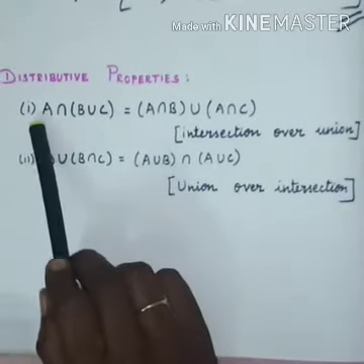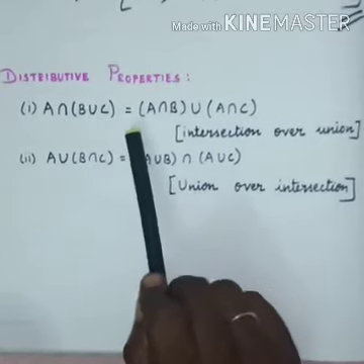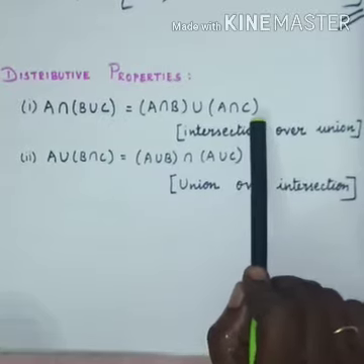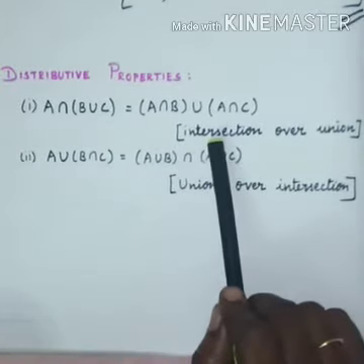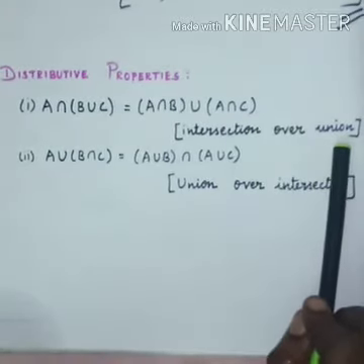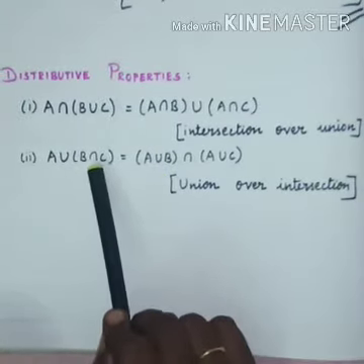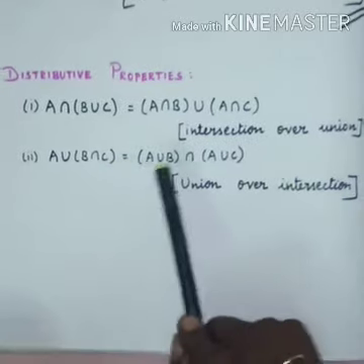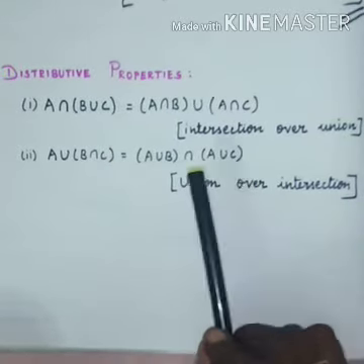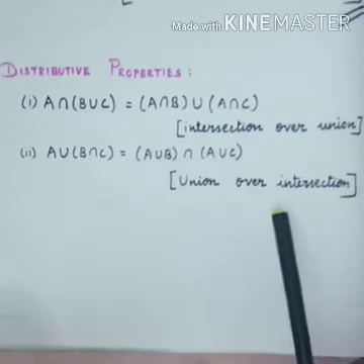So the first law is A intersection (B union C) is equal to (A intersection B) union (A intersection C). This property is called distributive property of intersection over union. And the second law is A union (B intersection C) is equal to (A union B) intersection (A union C). This distributive property is called union over intersection.